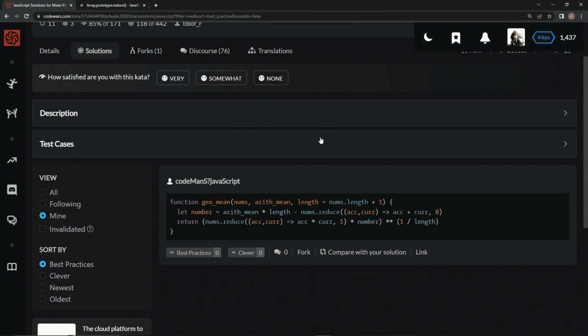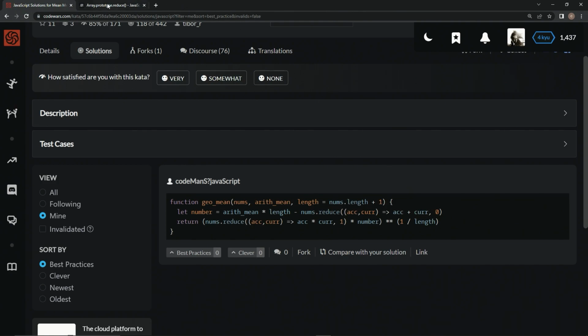All right, so let me re-explain this just in case you don't understand. To get the missing number, we're going to do the mean times the length, which is nums, the length of this list plus 1, and then we're going to subtract the sum of all these numbers to get the missing number, and that's what number is. That's what the reduce is for also.